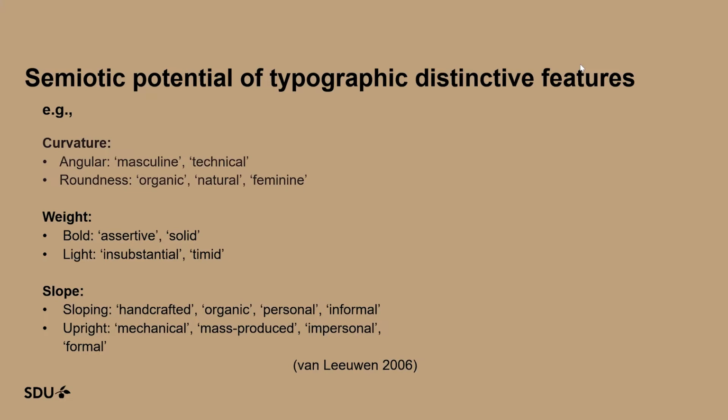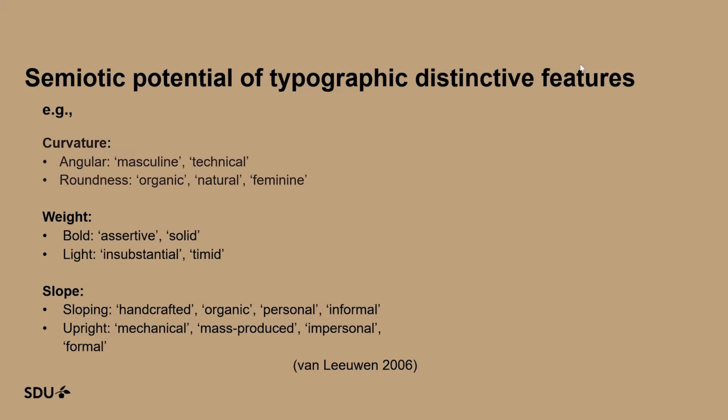In terms of curvature, for example, an angular typeface in Van Leeuwen's view may signify qualities such as masculine and technical, whereas roundness can signify, for example, organic or natural or feminine. In terms of weight, bold can signify something assertive and solid, whereas light typography can signify something more insubstantial or timid.